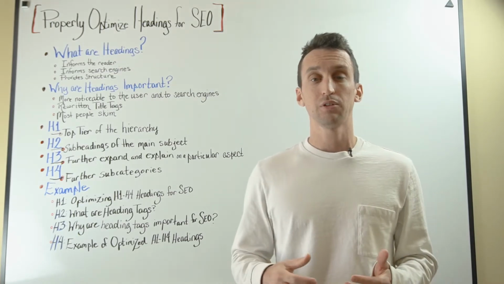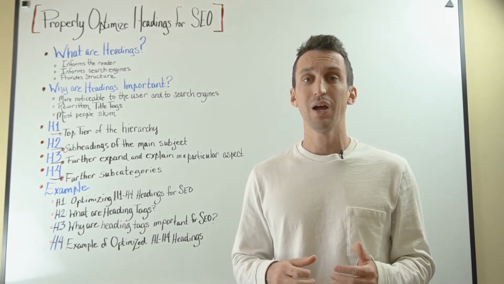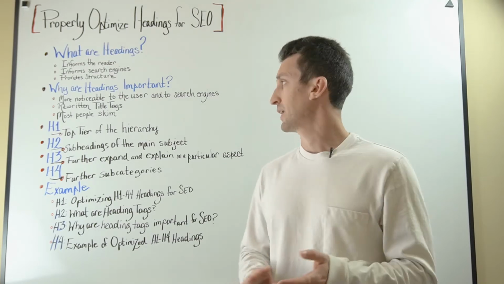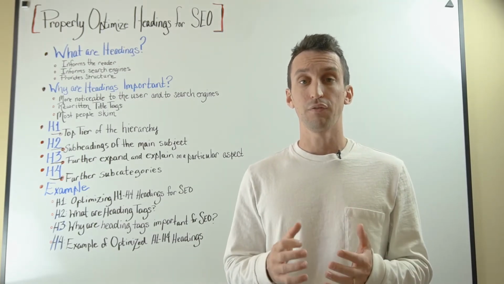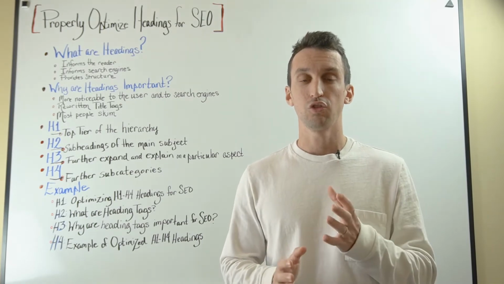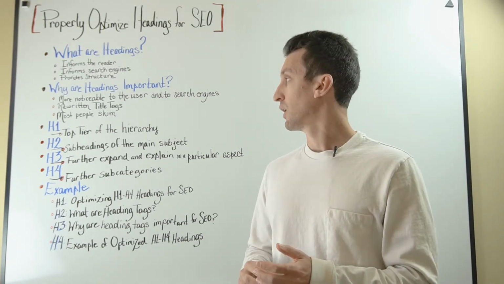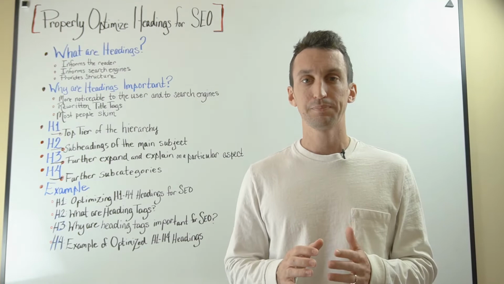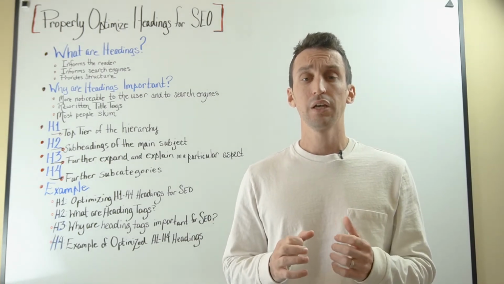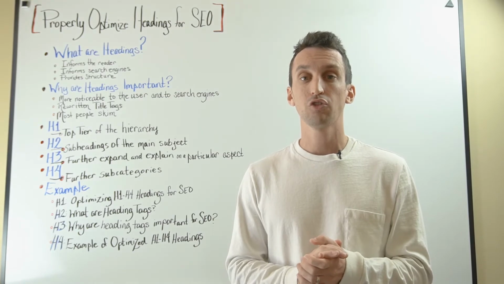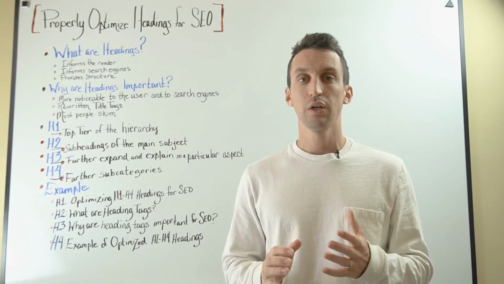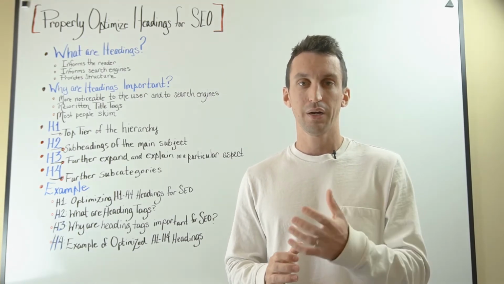Okay, so the different types of headings, this is where a lot of people get overwhelmed. There's the H1, the H2, the H3, the H4. I'm going to give examples of each of these because I feel like these visuals will be very helpful for you. And I guess before I do that, when it comes to how exactly do you optimize your headings, make sure that you have keywords that people are searching for incorporated into your headings.